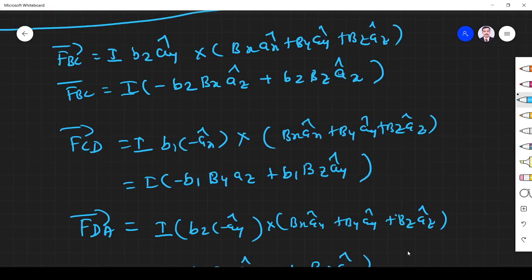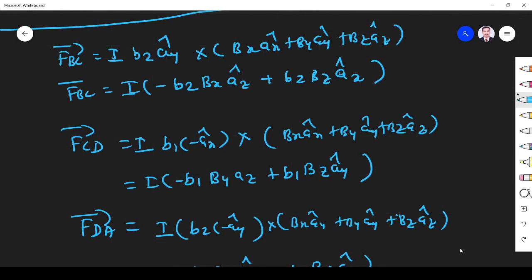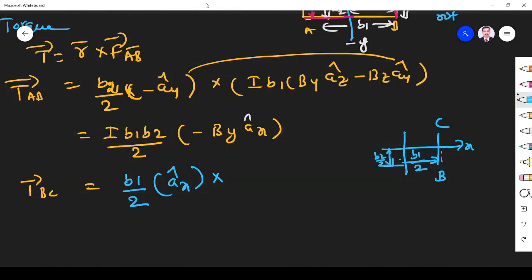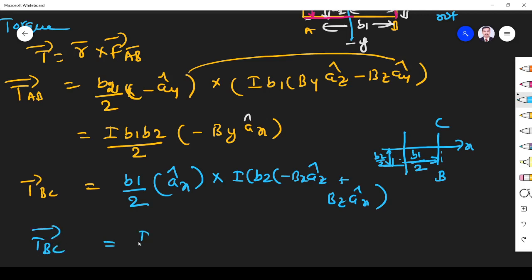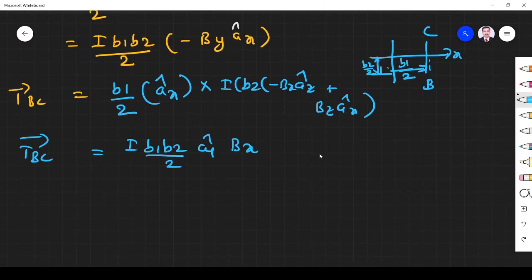Force on BC is given by this value, right? So substitute that value, what you get is I into B2 minus BX AZ plus BZ AX. So if you simplify, TBC will be equal to I into B1 B2 by 2 AY BX, right? Okay, this is what TBC.